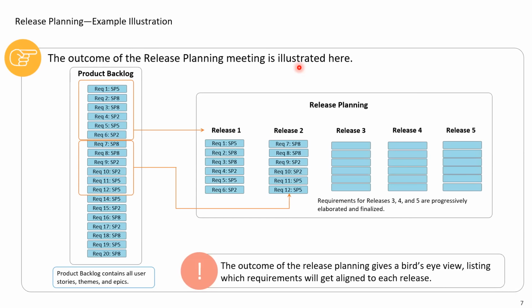Now, how is it different from a scope statement? When we were talking about a scope statement or a work breakdown structure, we were talking about freezing. We sign off the scope, we freeze it, we create a boundary. Did we discuss boundary while discussing the scope statement or not?